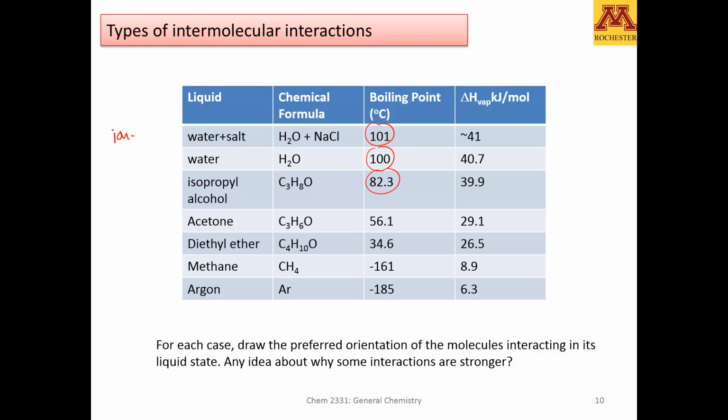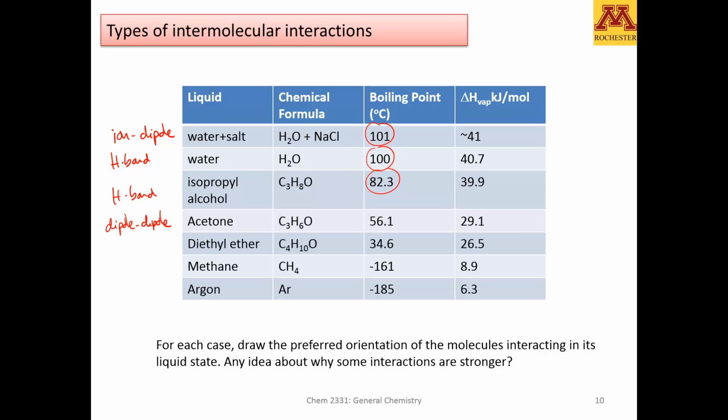This was the ion-dipole kind of interaction. Water has hydrogen bonding, and it has 1 degree less. Isopropyl alcohol again has hydrogen bonding, but it's not able to build the 2 hydrogen bonds that water can, so it'll have a lower boiling point. Acetone is a dipole-dipole.